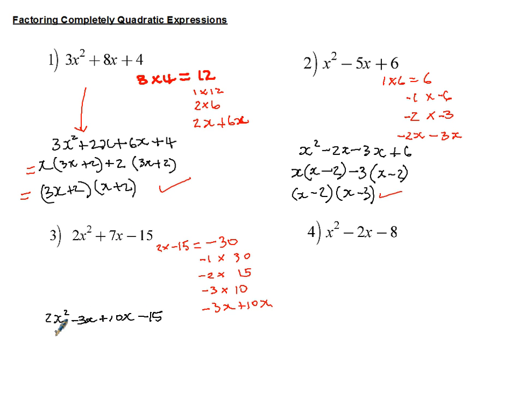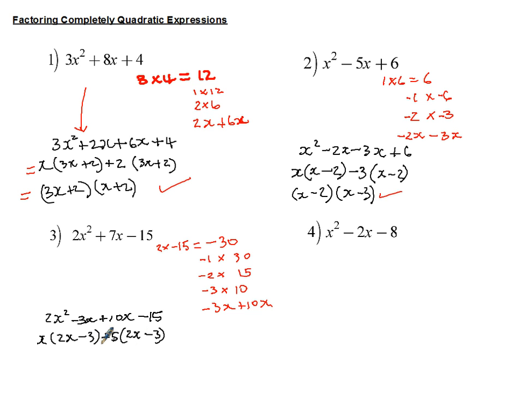Clearly the same value. The first two will have x in common, so we factor that out. So x into that is going to be 2x minus 3. The second two will have 5 in common, positive, so we have plus 5. Into 10x, that's going to be 2x, and into minus 15 is going to be minus 3.